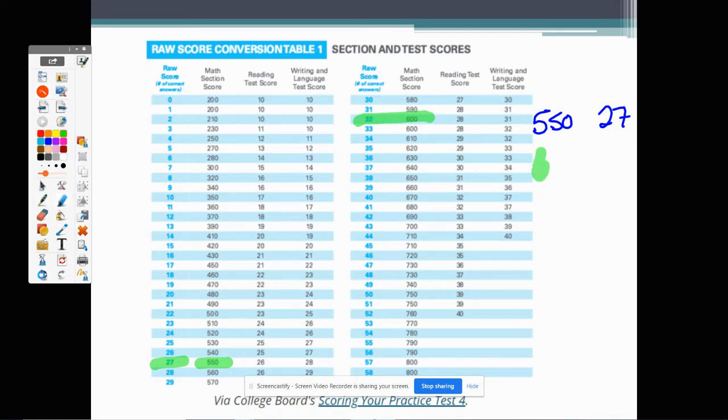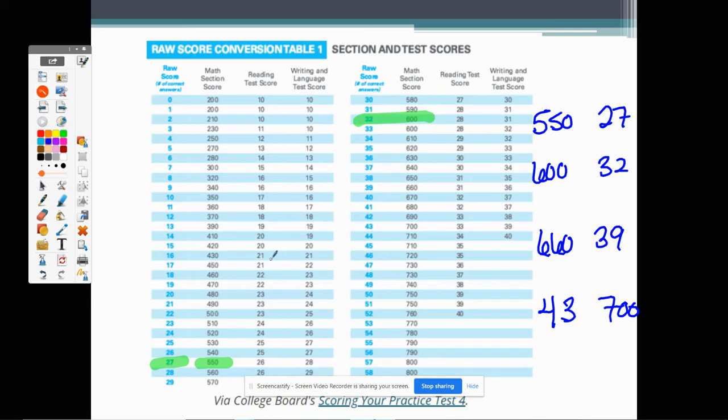Ooh, that's not what I wanted. We'll talk about that in a second. Good question. The next one was like 660 type of people, 39. And 700s, 43. Look at that, I wrote it backwards.